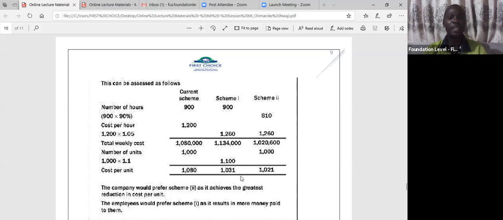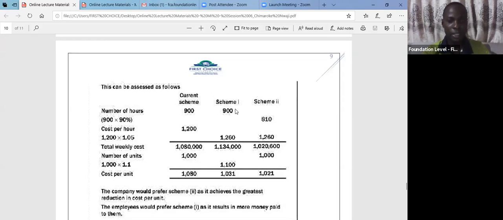Now, if you divide it by the number of units for the week, which is 1,000, the cost for one unit will be 1,080. Now, let me look at the first scheme again.